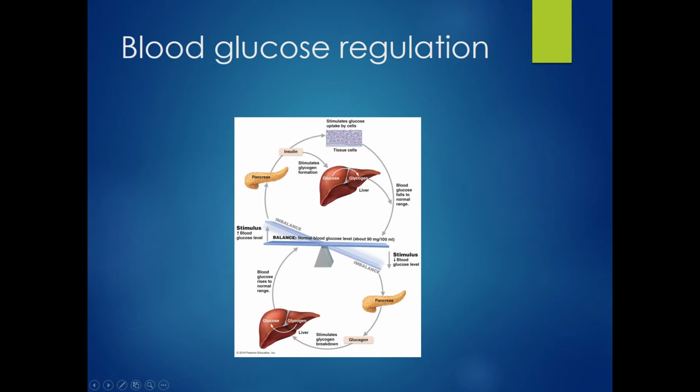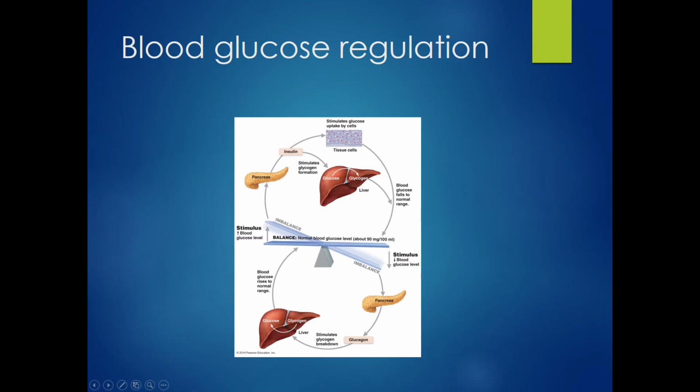And let's say that it falls too low. So then the pancreas again will be stimulated because we have the little glucose receptors within the pancreas. And they will go, not enough glucose out here, so I guess I better make some glucagon, which will then go to the liver and stimulate glycogen conversion back to glucose, a process we call glycogenolysis. Or my favorite thing, one of my favorite body processes, is gluconeogenesis.